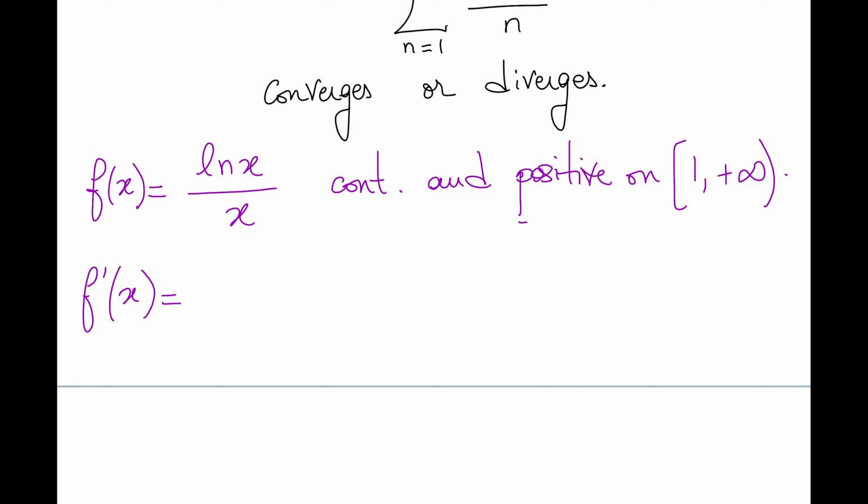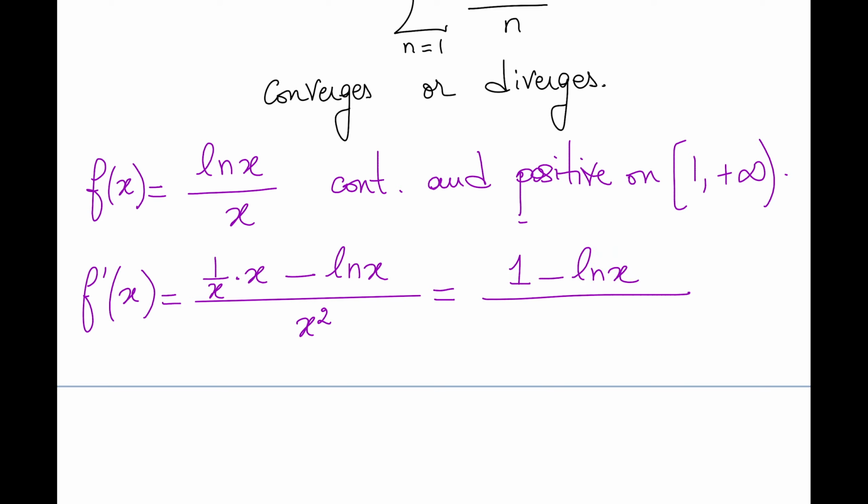This is the quotient rule, so I'm going to get ln x, the derivative of ln x is 1 over x, times x minus 1 times ln x, divided by x squared. And this is the same as 1 minus ln x divided by x squared.